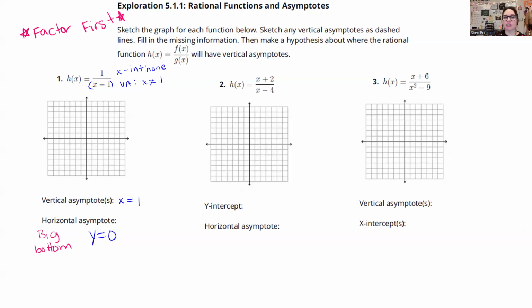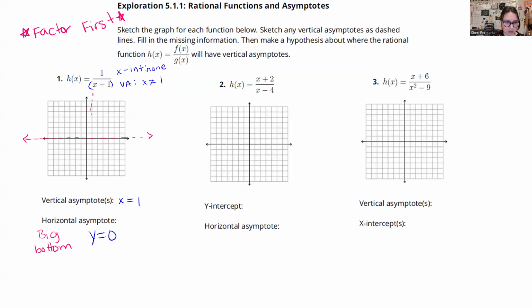So I'm going to first sketch on my asymptotes, not intercepts. So I've got an asymptote. I'm going to draw them as dashed lines. So I have y equals 0, and then I have my vertical asymptote at x is equal to 1.